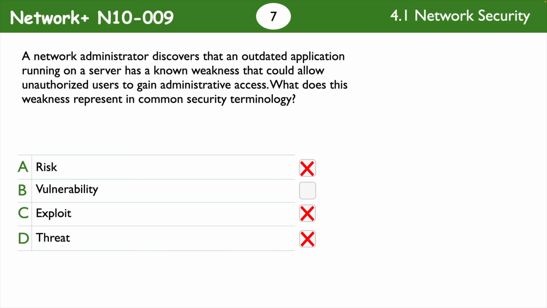And a threat is any potential danger that could exploit a vulnerability, such as an attacker or malware, which would leave us with B, vulnerability. And a vulnerability is a weakness in a system, application, or configuration that can be exploited by a threat. And the outdated application with a known weakness matches the definition of a vulnerability, making this the correct answer.